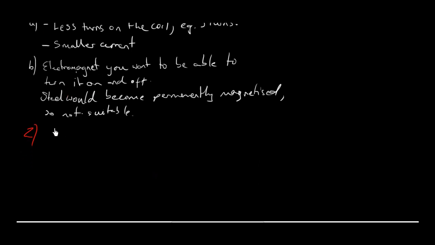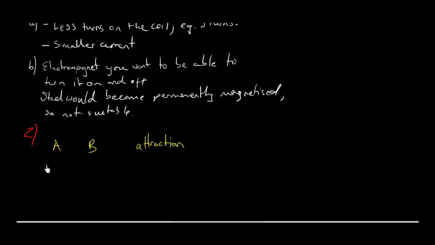So the second question I wanted to have a look at is this. They give us certain blocks, and we don't know whether they are magnetic or not, and they give us different combinations of them. They tell us, okay, if I put A next to B, then there is an attraction.